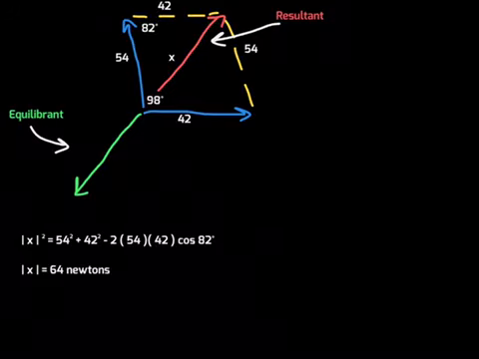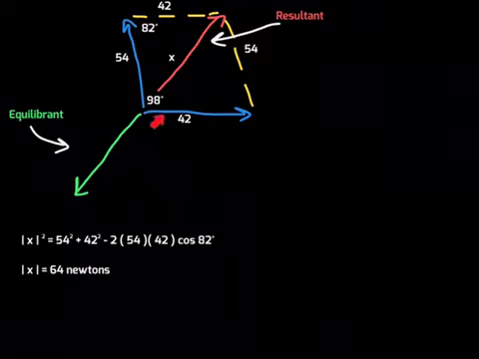Now we're not completely done because there was another part of this. I'm going to read it to you. It says, then find the angle between the equilibrant and the 42 Newton force. So find this angle here.